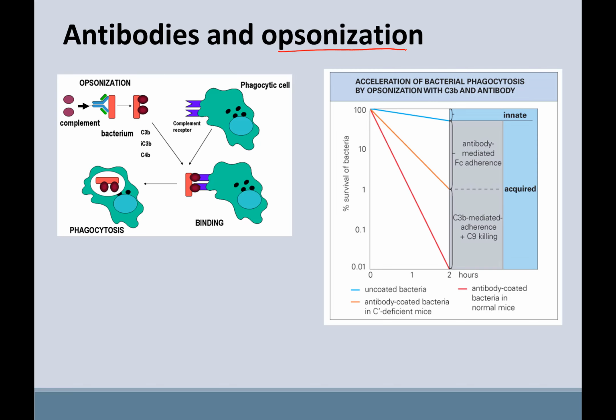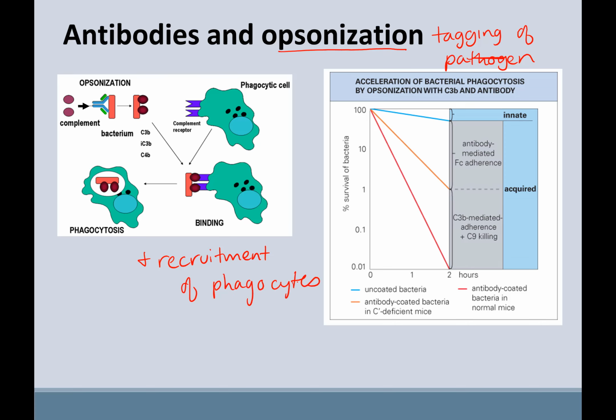So opsonization is basically the tagging of a pathogen and recruitment of phagocytes. So remember, with your complement, you can do it with or without antibodies, right?